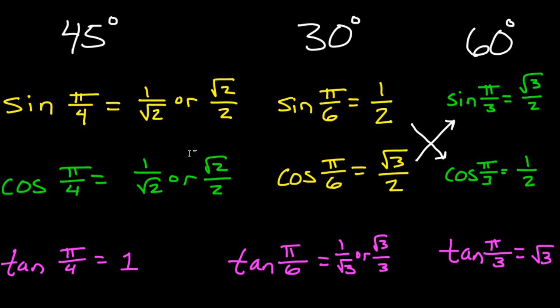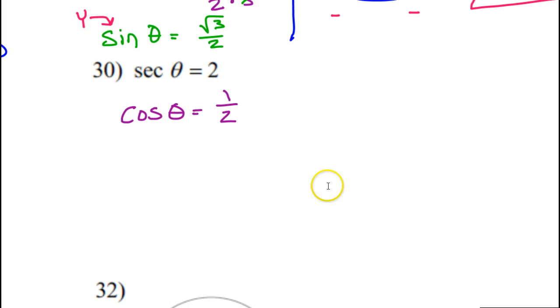We need the cosine to be 1/2. Well, look, cosine of pi over 3 is 1/2. Now that doesn't tell me the answer, that just tells me the reference angle. So right now we know that the reference angle is pi over 3.